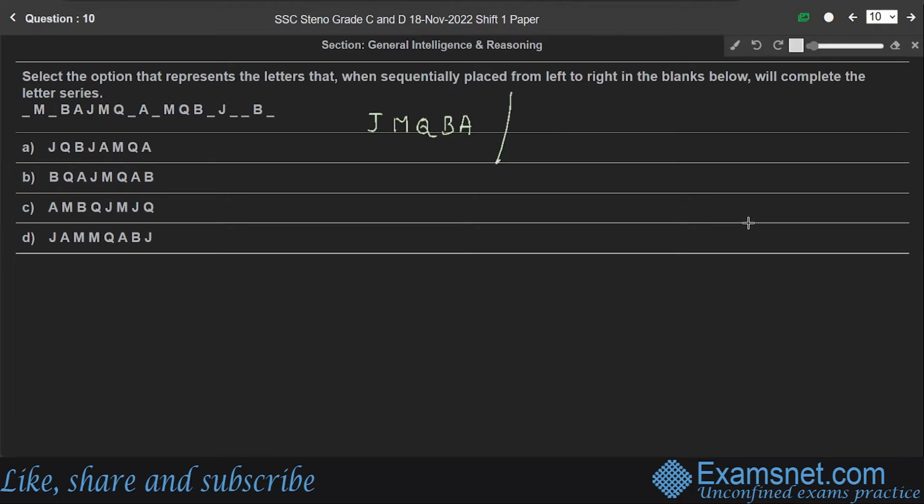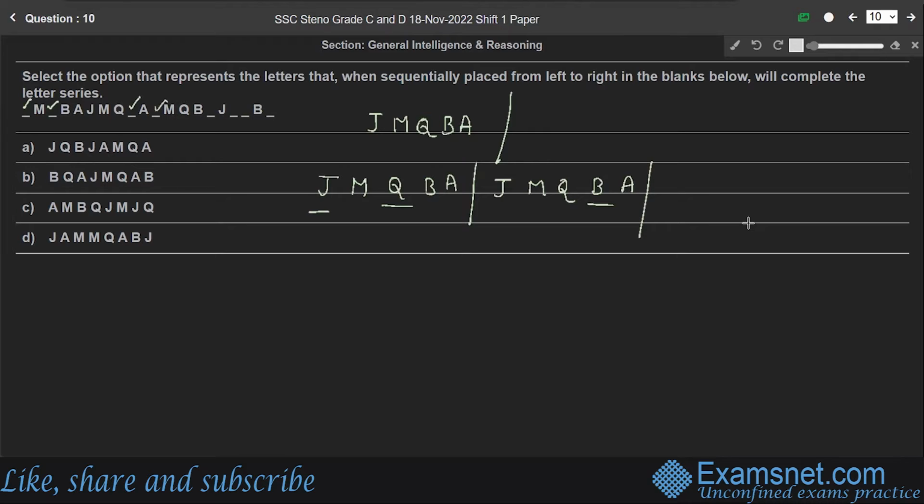To fill the given blanks, the first blank should be filled with J. Next we have M, so the second blank should be filled with Q. Next we have BA, which completes one pattern. Again, JMQBA will repeat. JMQ is already given, so the next blanks should be filled with B and A, which completes the second part.